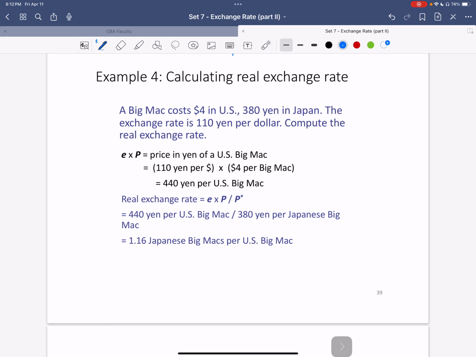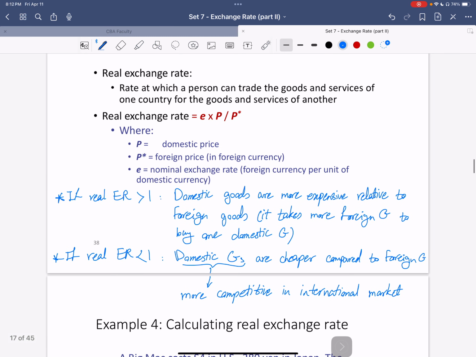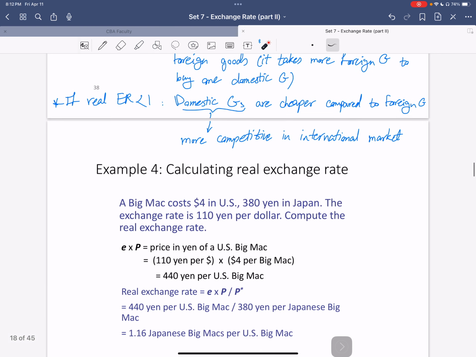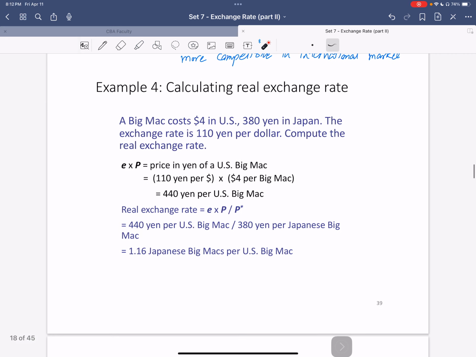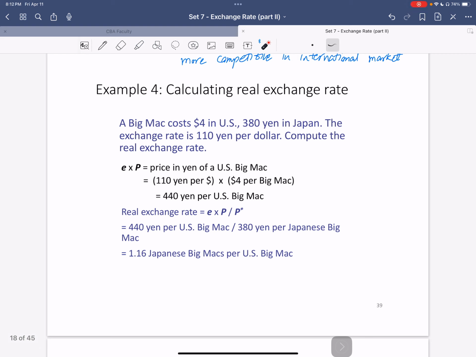The question is asking for computing the real exchange rate. Simply, you just need to plug in the numbers in this formula to calculate the real exchange rate. We know the nominal exchange rate, multiply it with the level of the prices. We are assuming that there is only one good in this economy, and that's only the Big Mac.